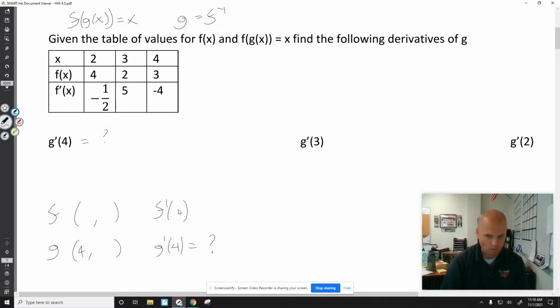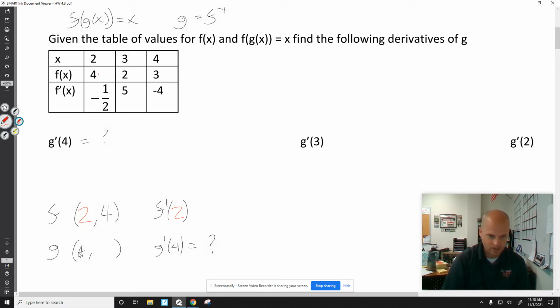I'm not going to find f prime of 4. Watch. I need to find the derivative of f when its y coordinate is 4. f's y coordinate is 4 when x is 2. So I'm going to look at f prime of 2, and that will help me find g prime of 4.